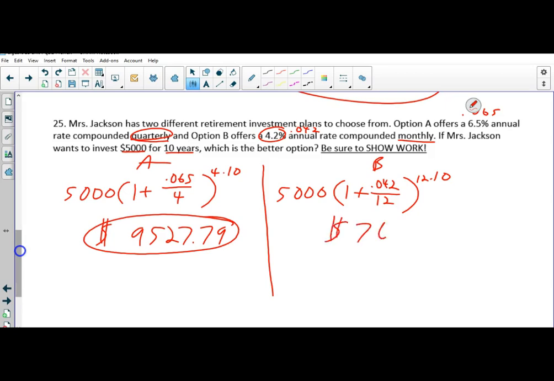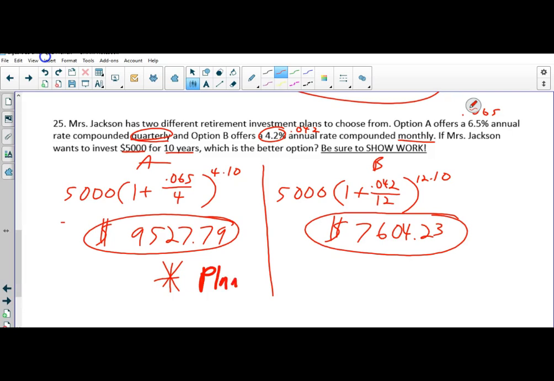That only gets us $7,604.23. It's 229. So the better option, plan A. That's an R. Plan A is better. And there's your review.